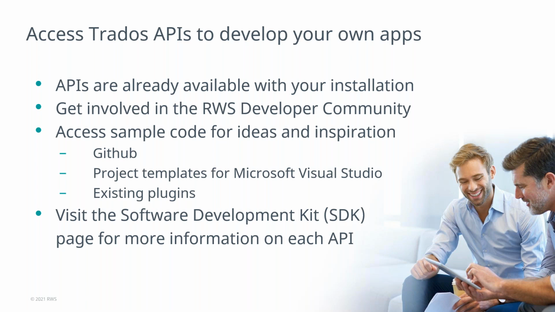Firstly, get involved with the RWS developer community to discuss your idea, speak to your peers and brainstorm what you could do. You can also access sample code for inspiration, which is obviously massively helpful because it means you won't have to start from scratch. And you can also visit the software development kit page on the App Store for more information on each API available and what you can do with it.